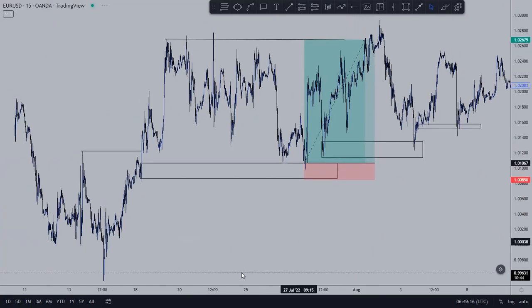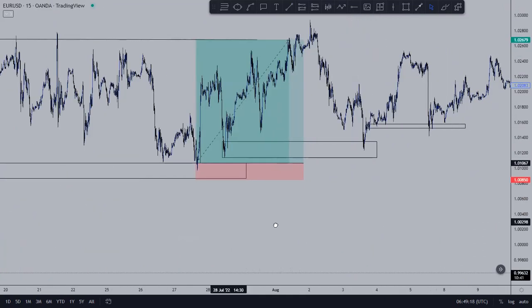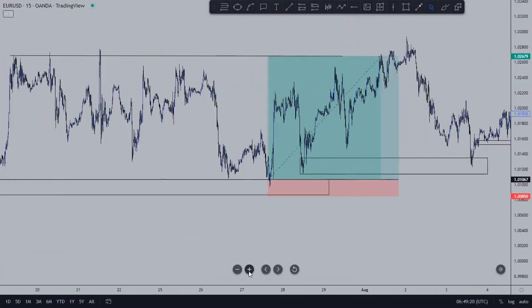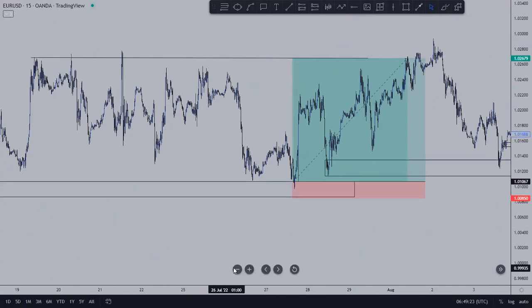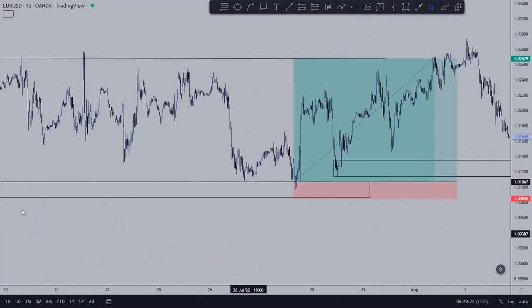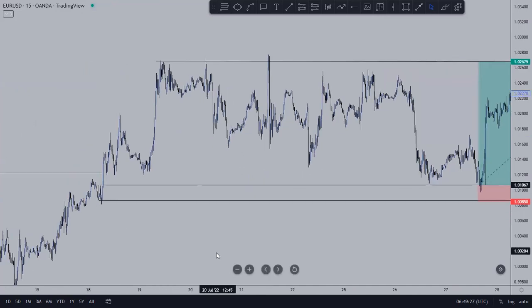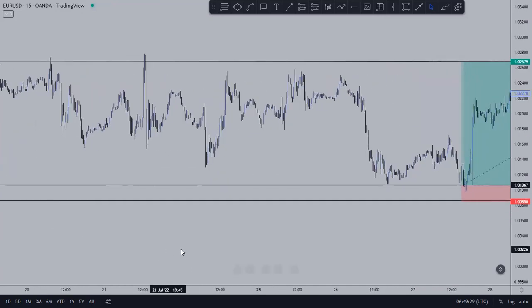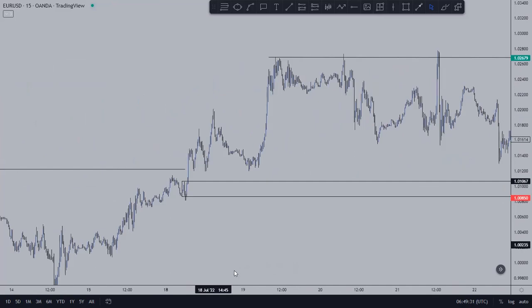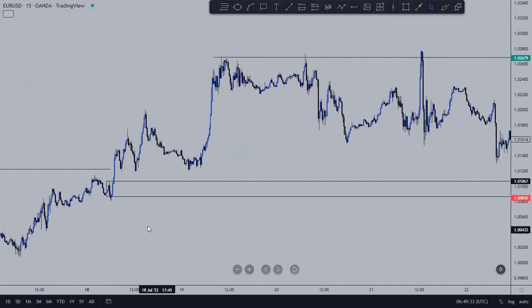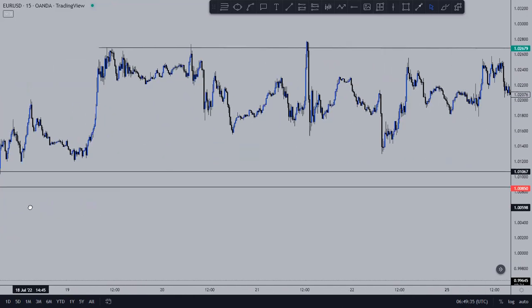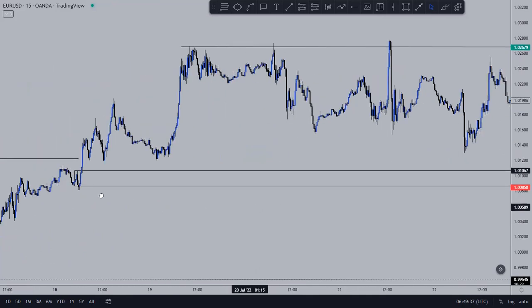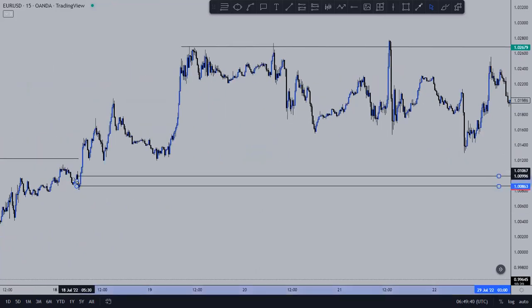So this is the 30-minute time frame, same opportunity on the order block there. So you refine the order block.